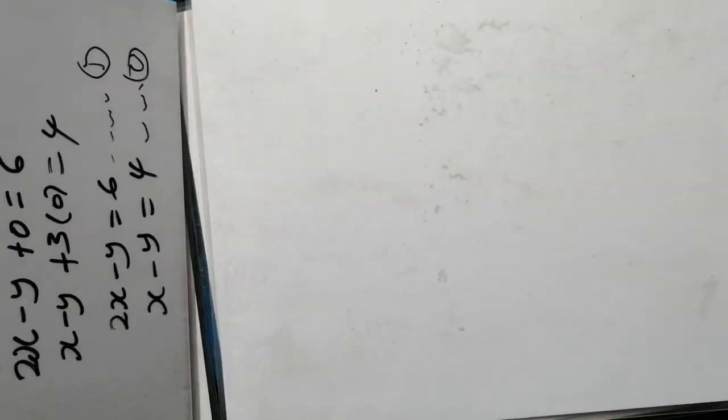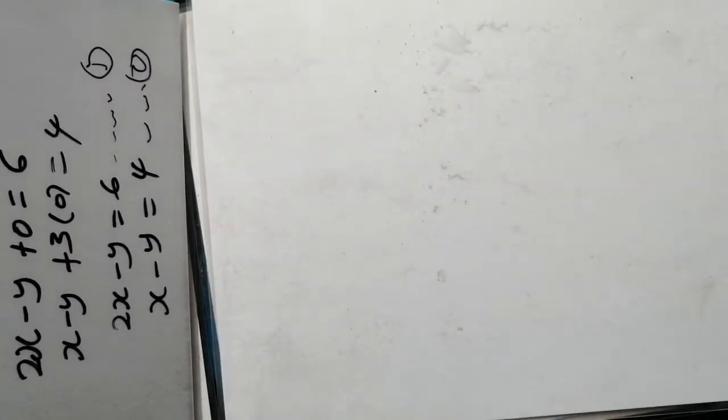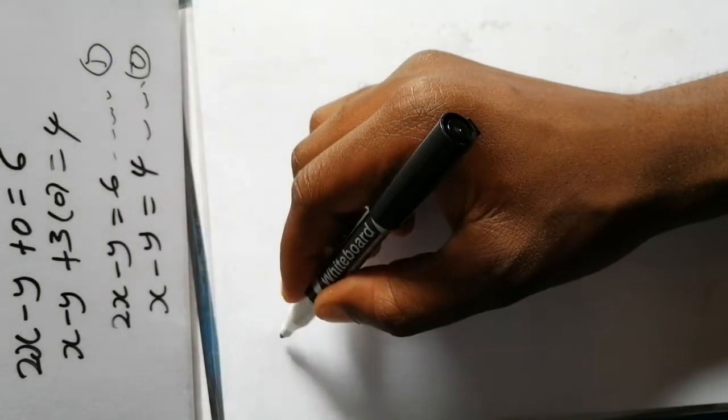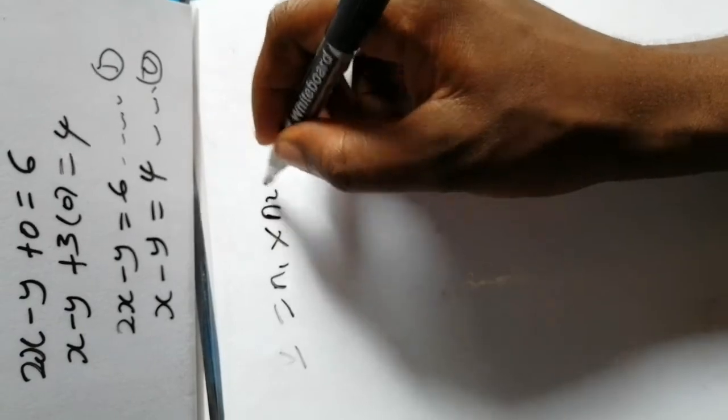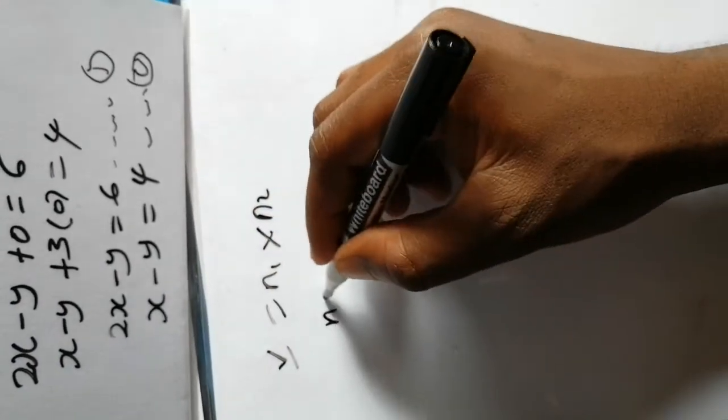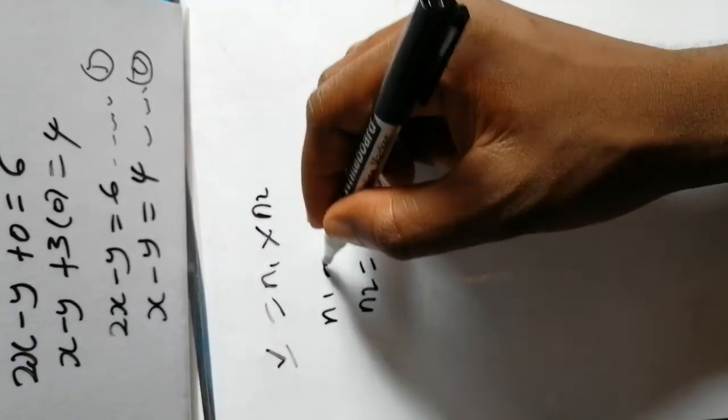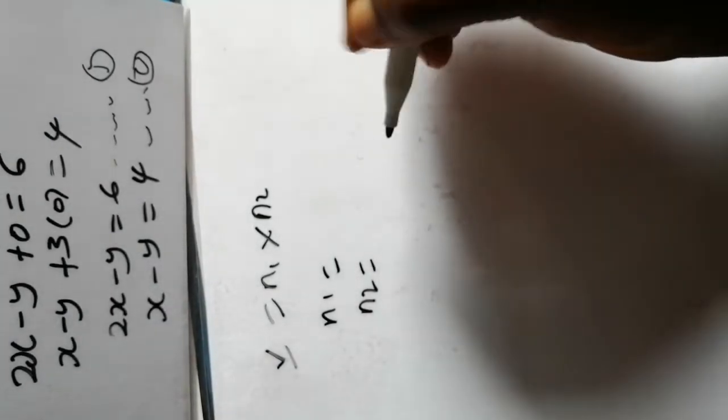So let's continue. Since we have to find v equals n1 times n2, let's identify n1 and n2. So n1 is simply the normal for the first plane, and n2 is the normal for the second plane.